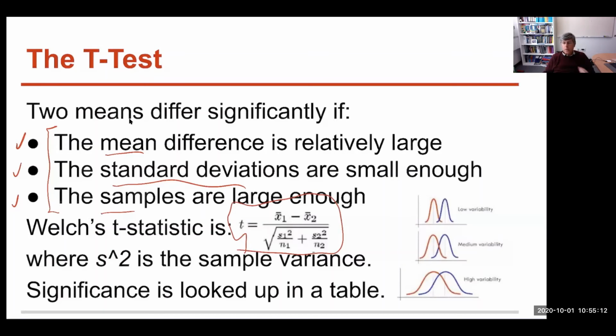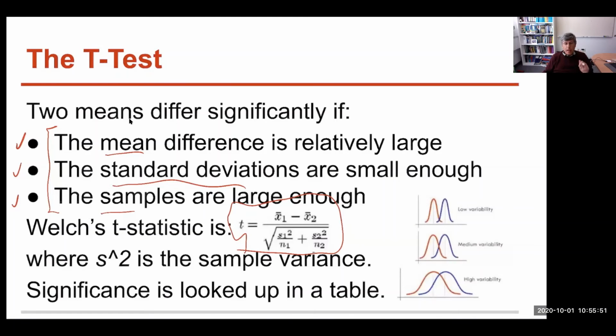Associated with the t-distribution test is a table that says that if you have a t-statistic of this size, and you want to know whether your result is significant, what's the probability of seeing a t-statistic this big, is it less than 1 out of 20 or less than 1 out of 100?